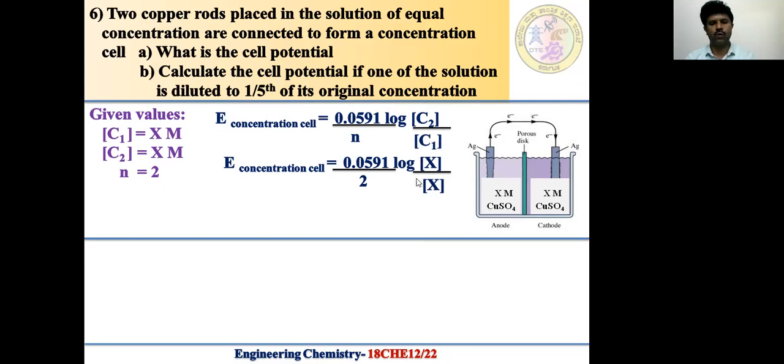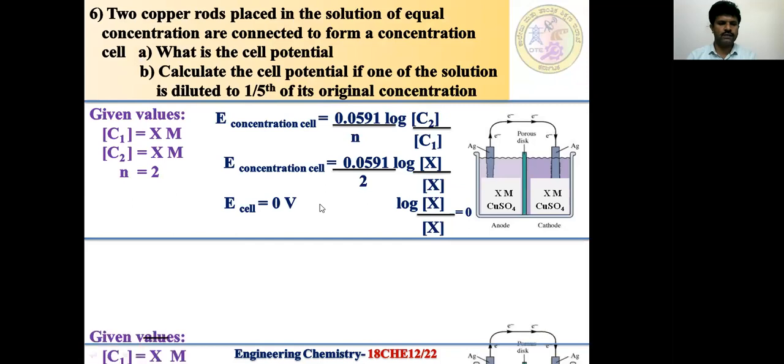So this is log 1, and log 1 is 0, hence the whole term becomes 0. Hence EMF of this concentration cell is equal to 0 volt, because when both electrolyte concentrations are equal, the EMF of the cell becomes 0.